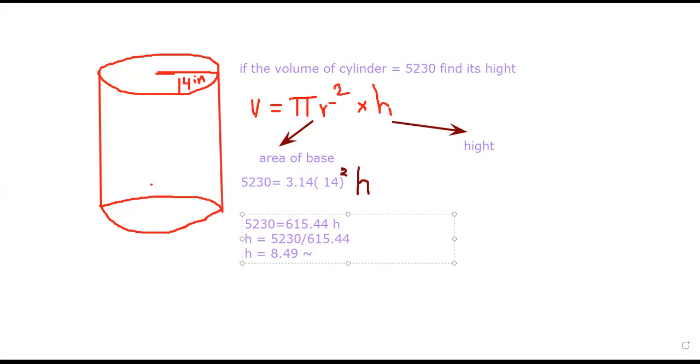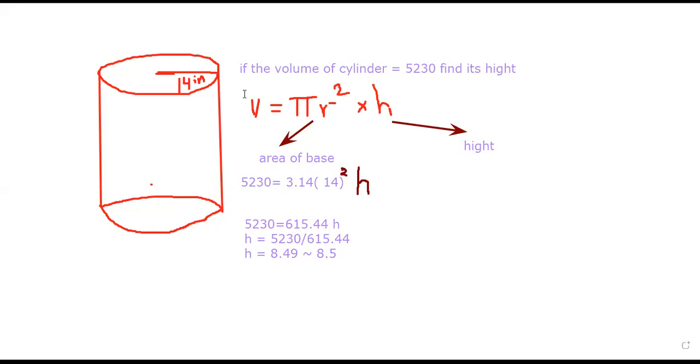Why 8.5? Because we rounded it. We have 9, and 9 is more than 5, so we add 1 to the 4. Then the answer will be 8.5.